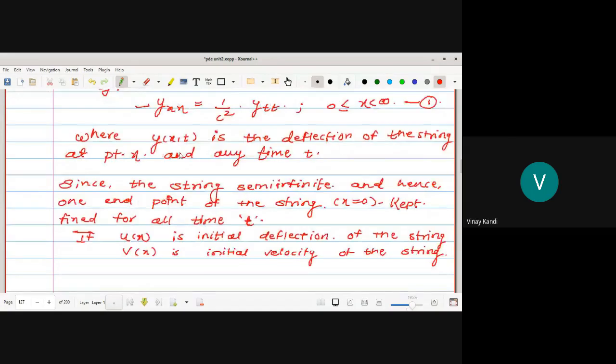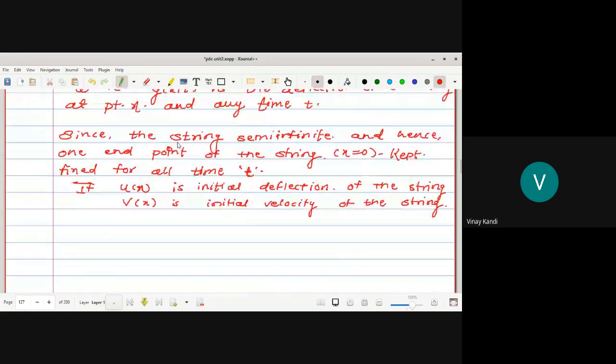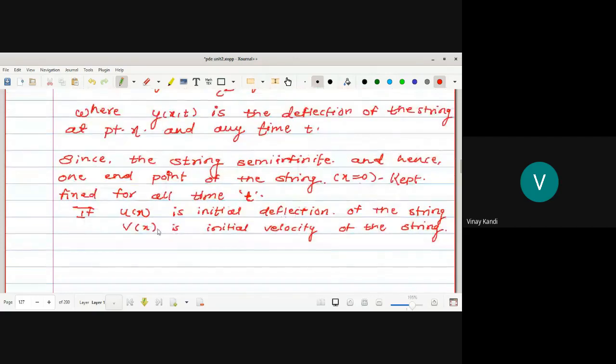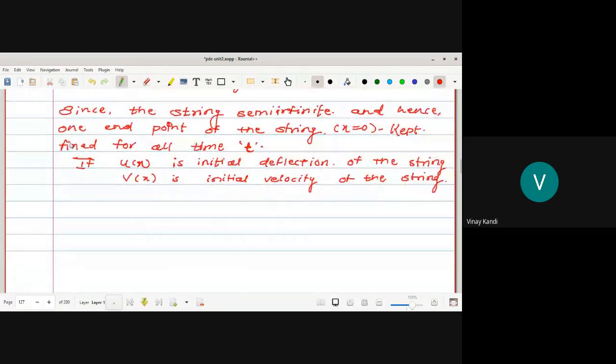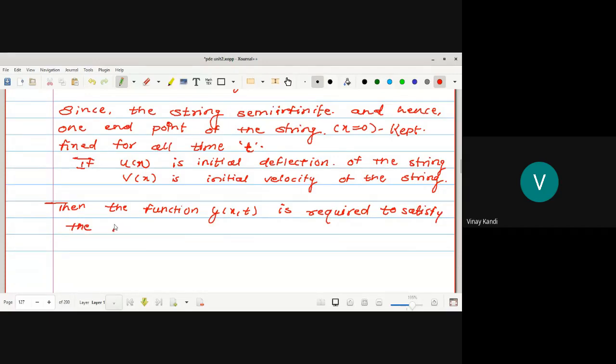Here y of x,t is the solution of this differential equation, and these are the two initial conditions. So the solution satisfies the initial conditions u of x and v of x. Then the function y of x and t is required to satisfy the initial conditions.